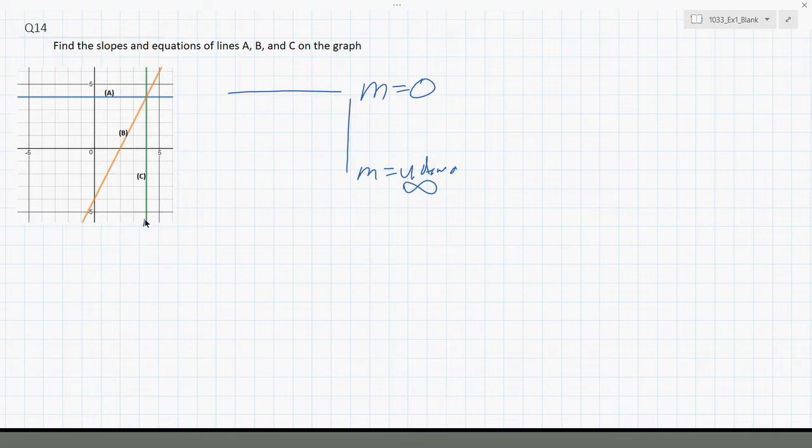So for example, C here is going up and down, that would be in the y-axis, so that means the x value of it is equal to 4. For C, it's just x equals 4, because no matter what the y value is, x will always be 4. So the y, the m, and the b portion all disappear. All right?